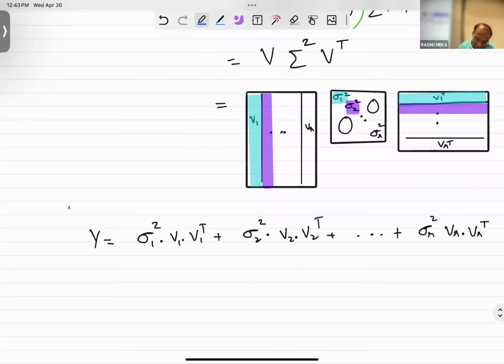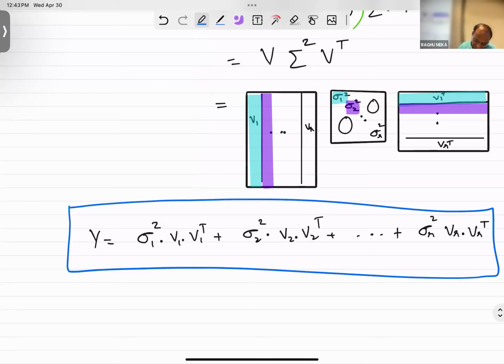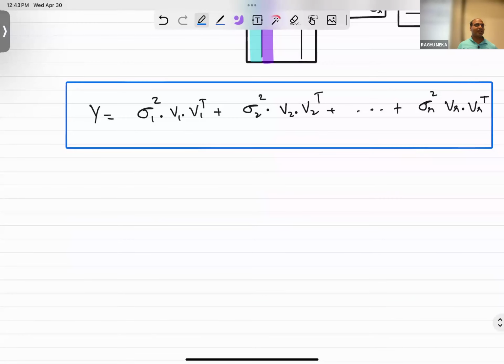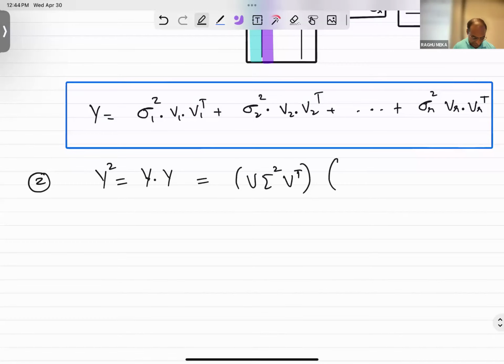It turns out this is a much better matrix to work with because it's symmetric and it's a square matrix and so on. So we just derived some other identity involving the x, but what do we do with it? Let's say I look at y squared now, which is y times y. What do you get then? Any guesses? Well, y was v sigma squared v transpose, and then v sigma squared v transpose.